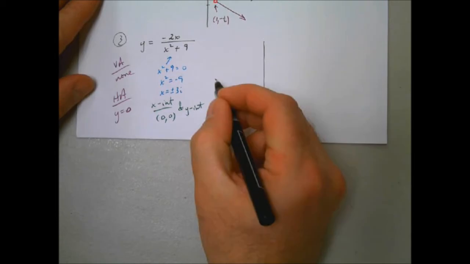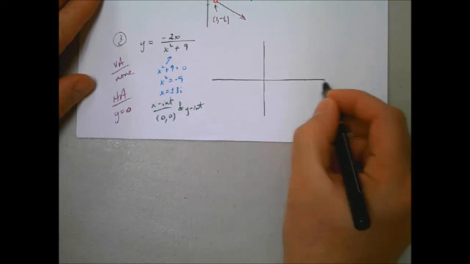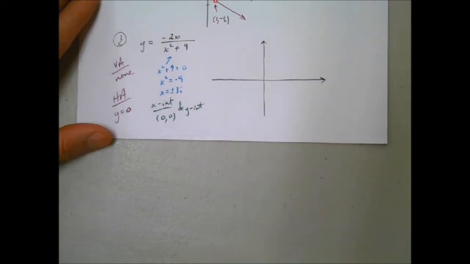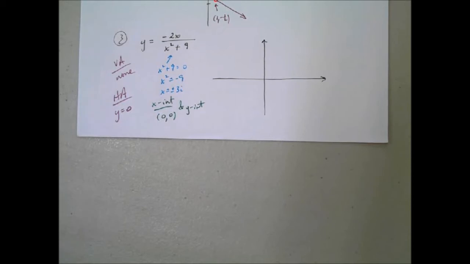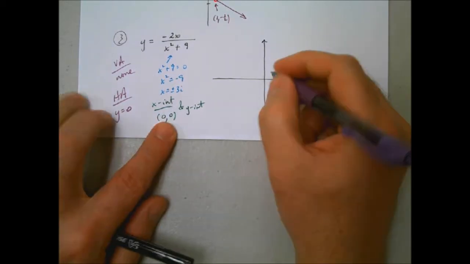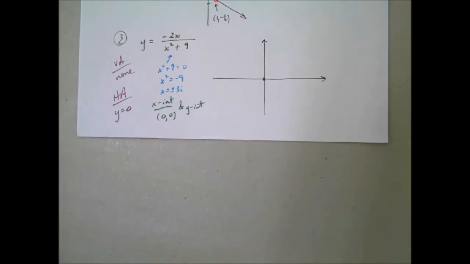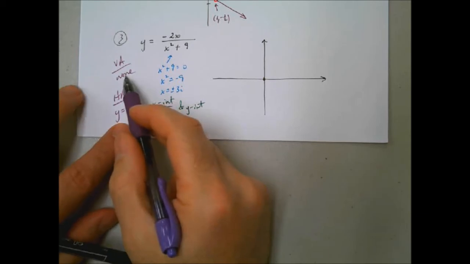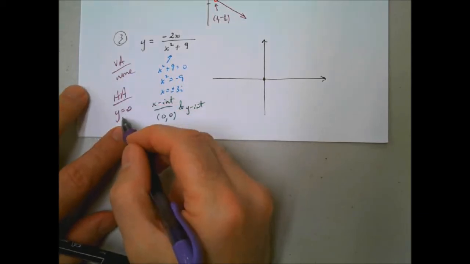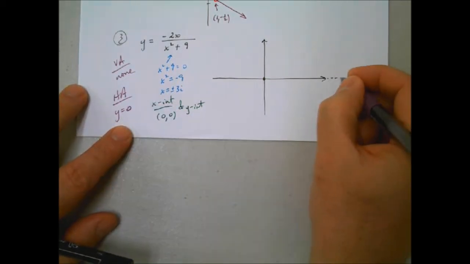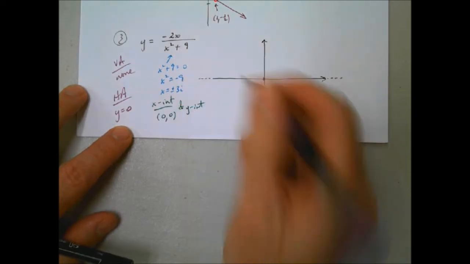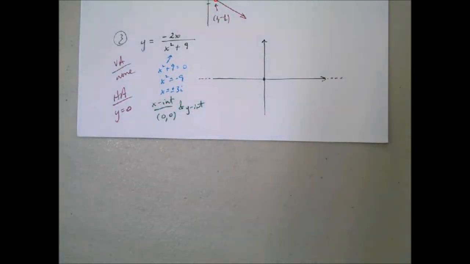Okay, sketching this. We've got 0, 0. No vertical asymptote. We have a horizontal asymptote, y equals 0.